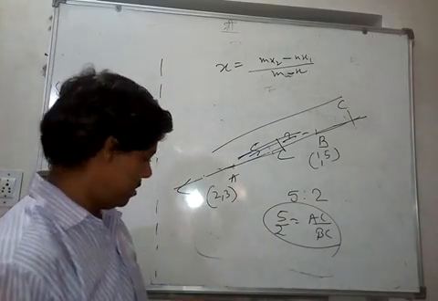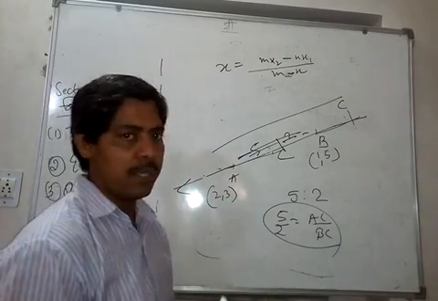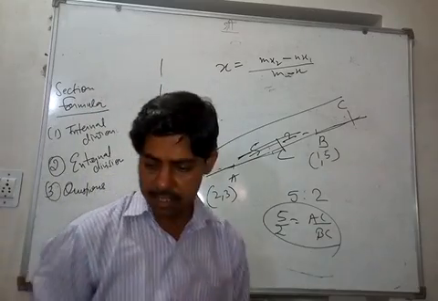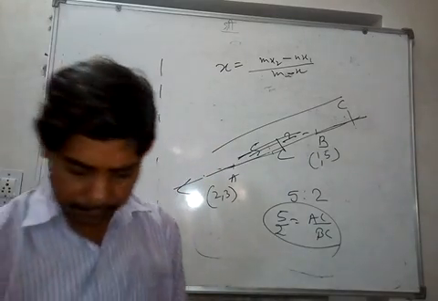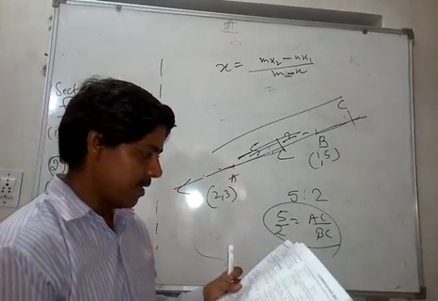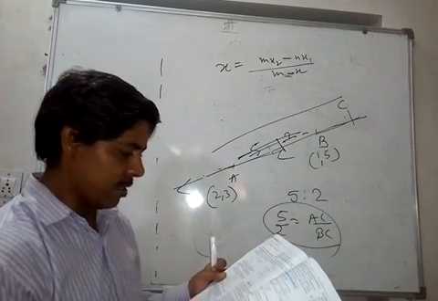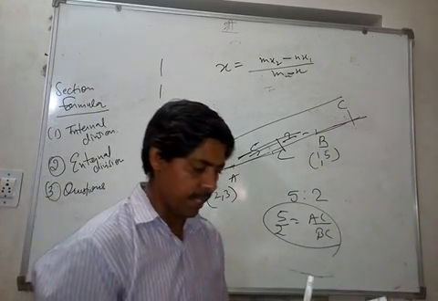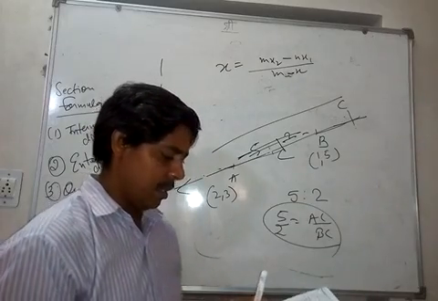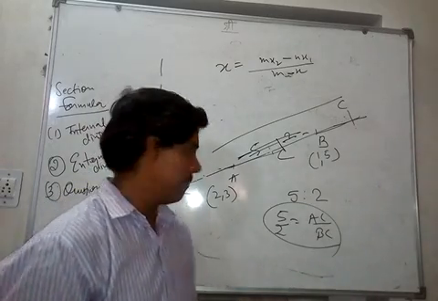We can do this external division in detail also, but right now let's take some questions so that you understand. So the question is: find the coordinates of the point which divides the line segment joining points (3, 5) and (7, 9) in the ratio 2:3 internally.